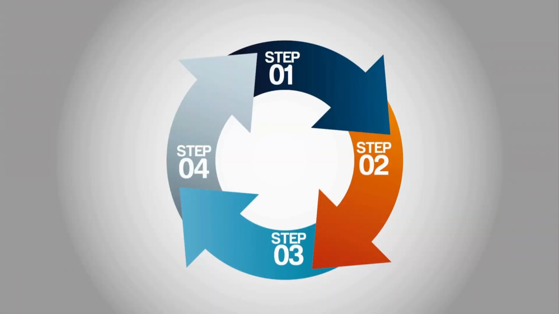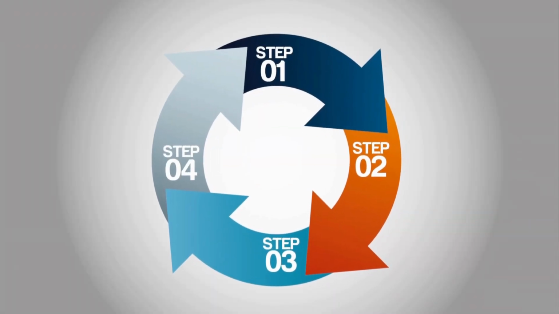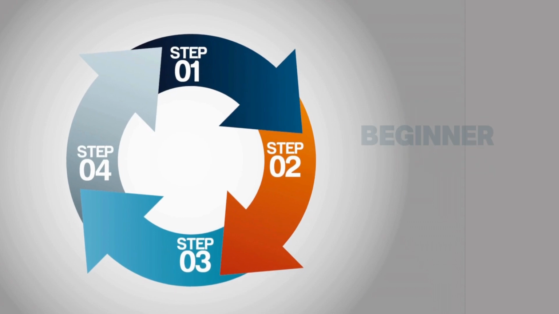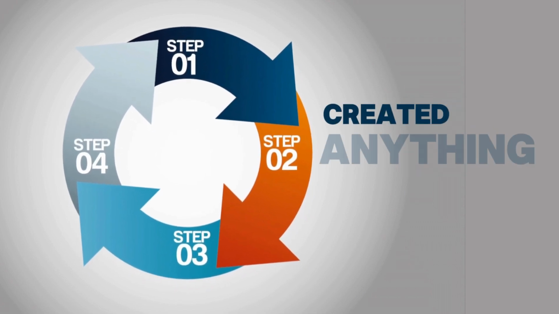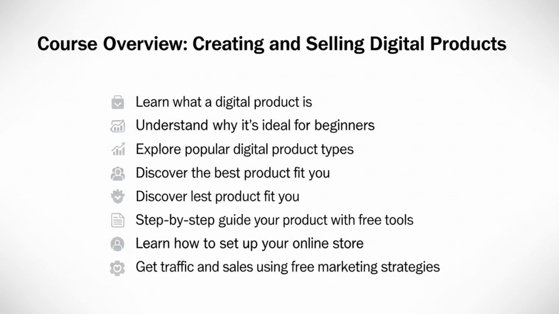This isn't one of those vague overview videos where you leave with more questions than answers. This is a complete step-by-step free course on how to start selling digital products online, even if you're a total beginner, and even if you've never created anything before in your life. In this free course, you'll learn what a digital product is and why it's one of the best income streams for beginners.